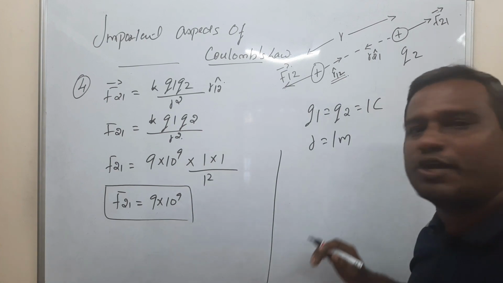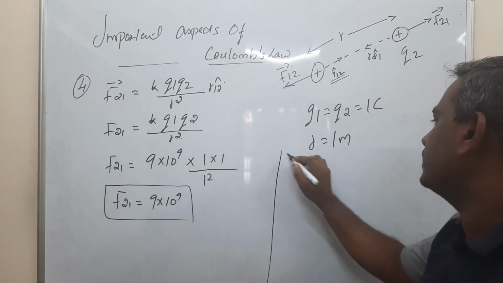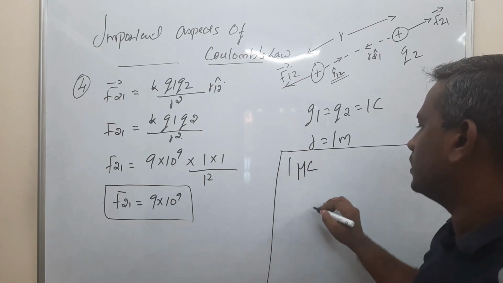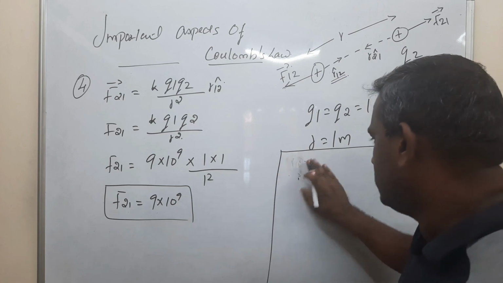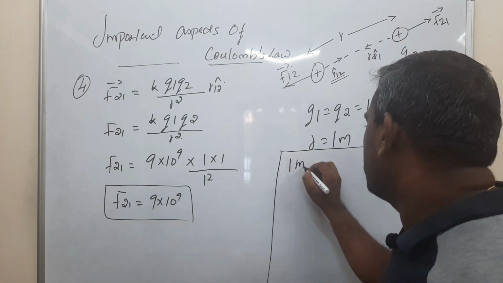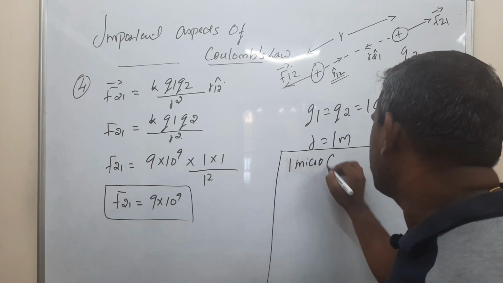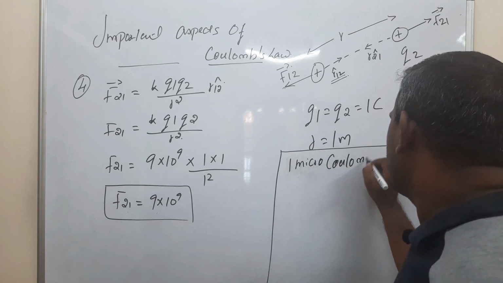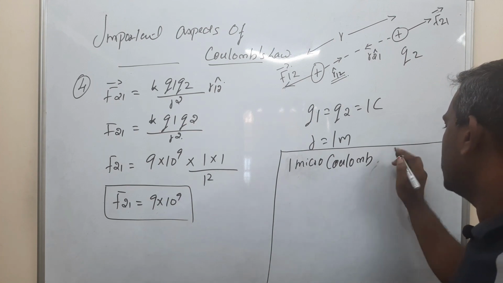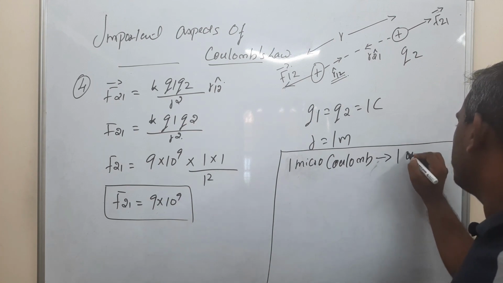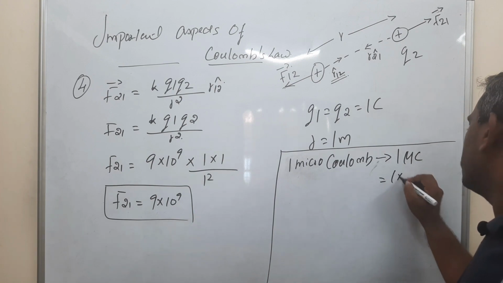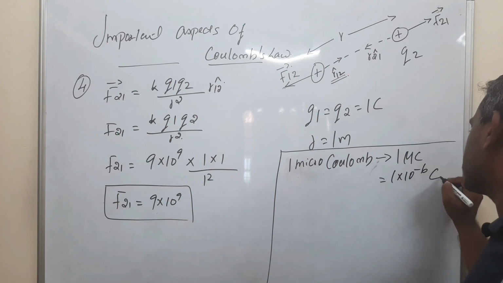The charges we normally use are in micro coulomb and nano coulomb, okay? So that is 1 micro coulomb, we can write that as 1 mu c, and that is equal to 1 into 10 to the power minus 6 coulomb.